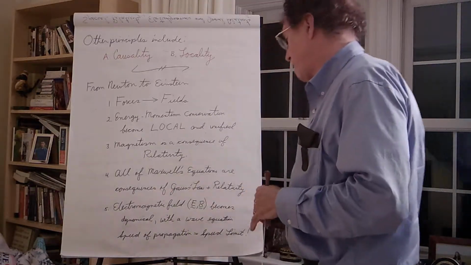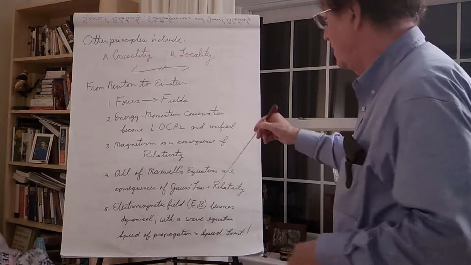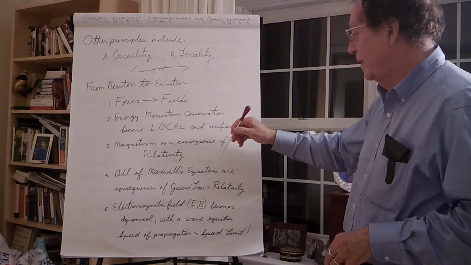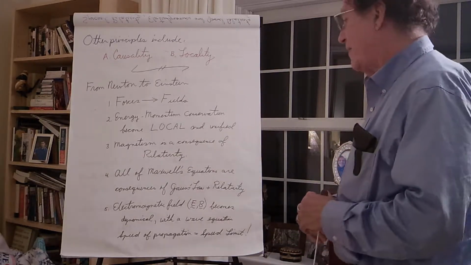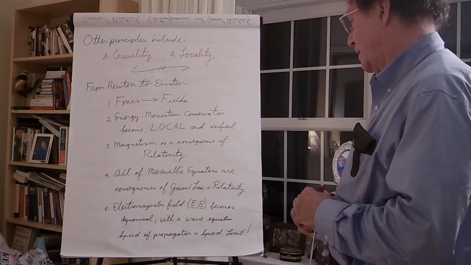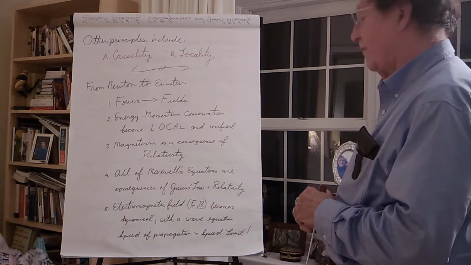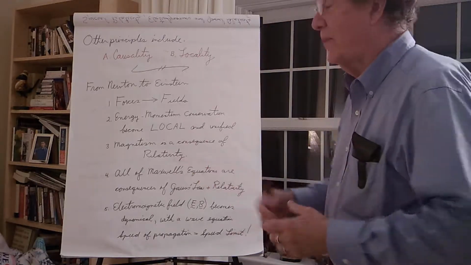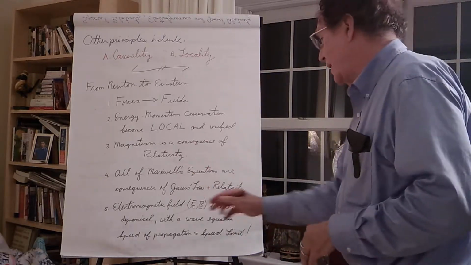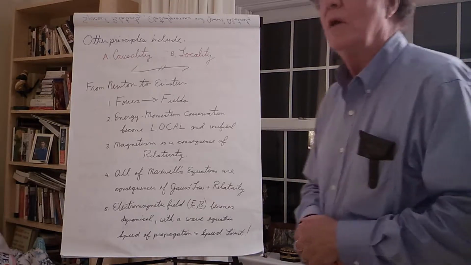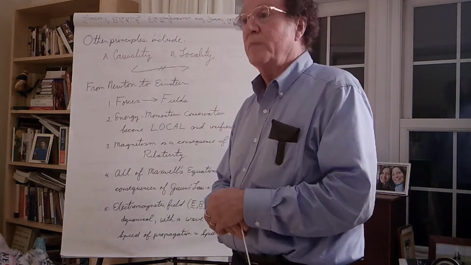And we'll demonstrate that as we go. We'll find that the electromagnetic field is both electric field and magnetic field, and that they become dynamical. We'll derive a wave equation for electromagnetic fields, the fact that light propagates, and that it propagates at a speed which will be the speed limit of special relativity.